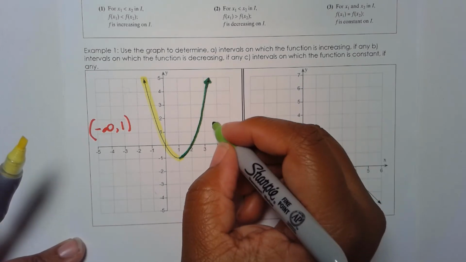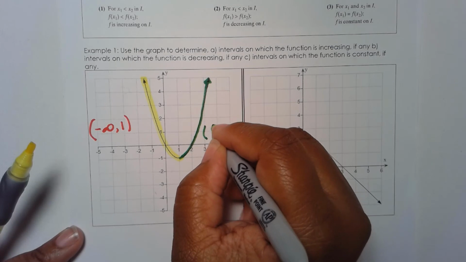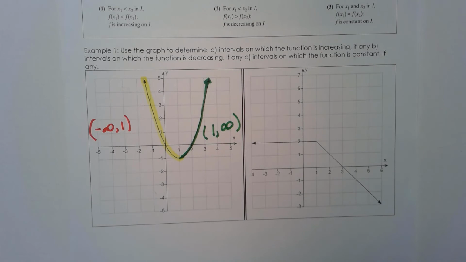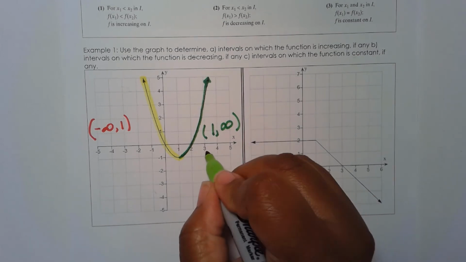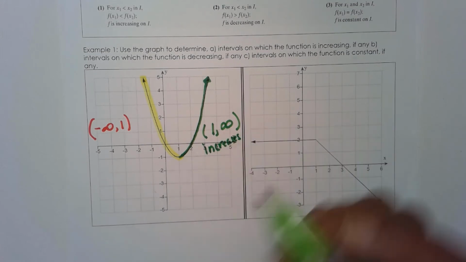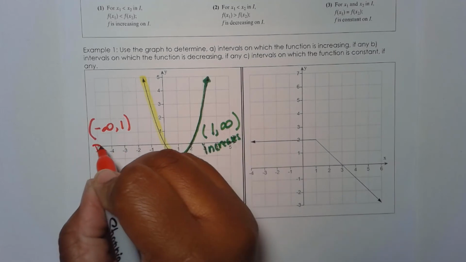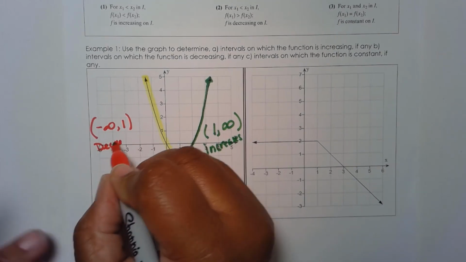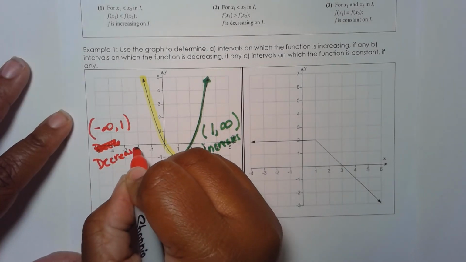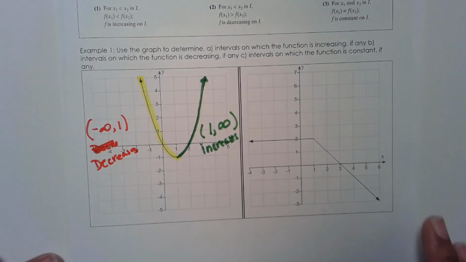So we would say open parenthesis 1 comma positive infinity. This is where it increases. And then we do not have a constant function.